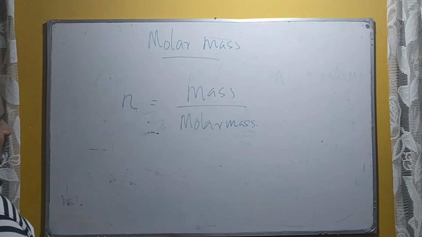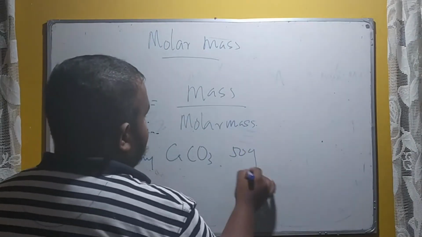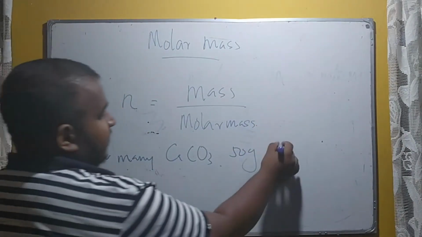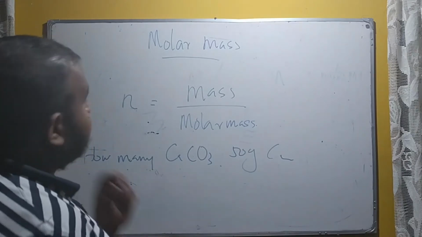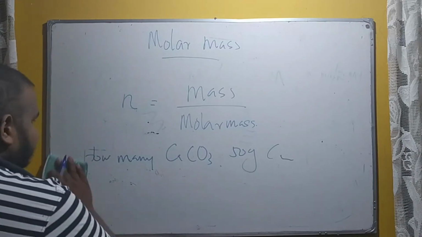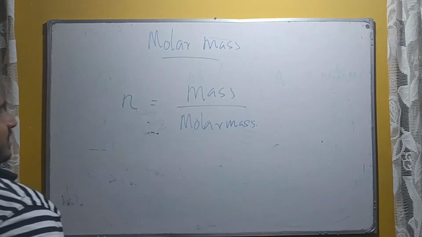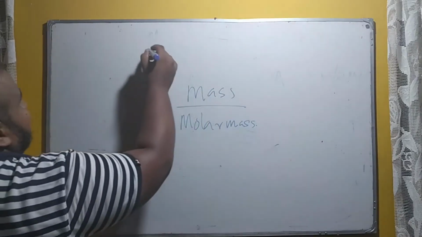If I ask you how many calcium carbonate are present in 50 grams of calcium carbonate? How many calcium carbonate are present in 50 grams of calcium carbonate? This is the question. Now we are going to go for the answer. How does it come?